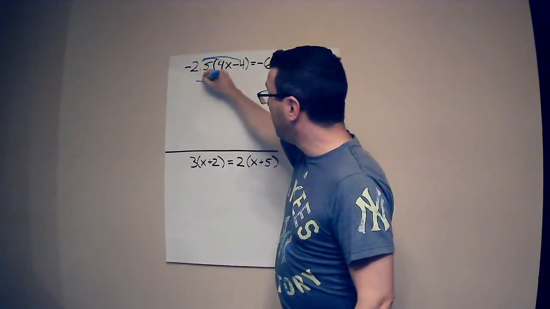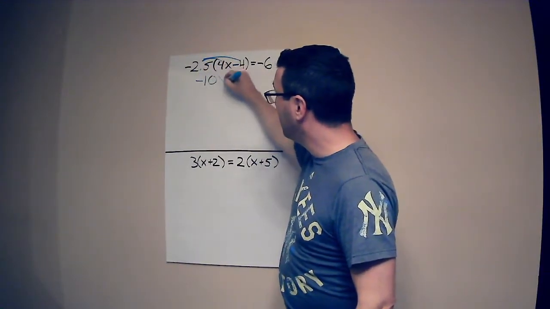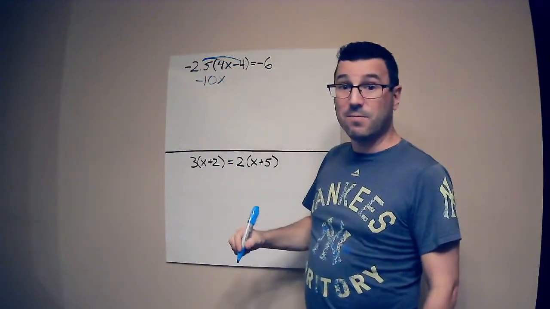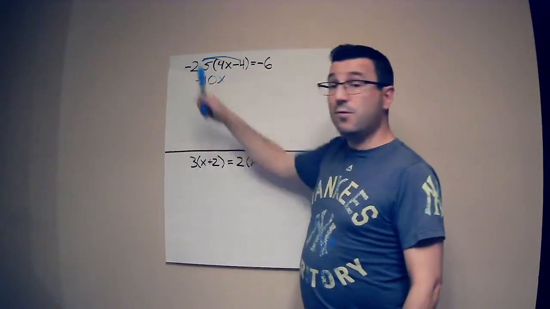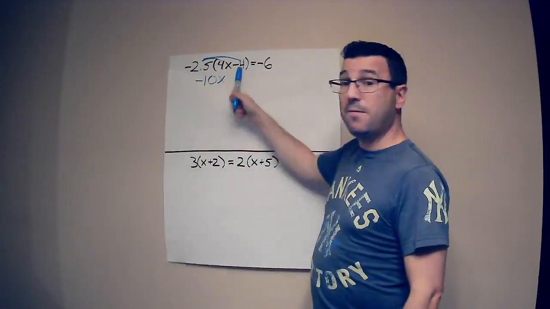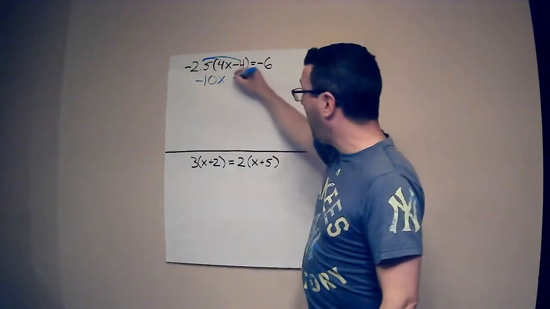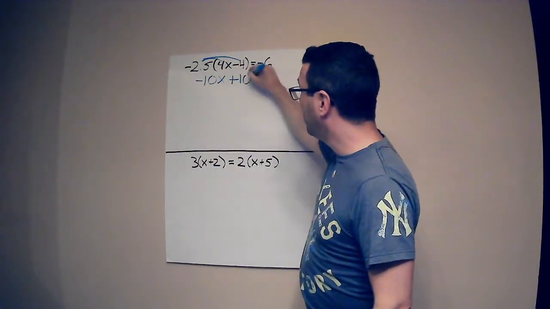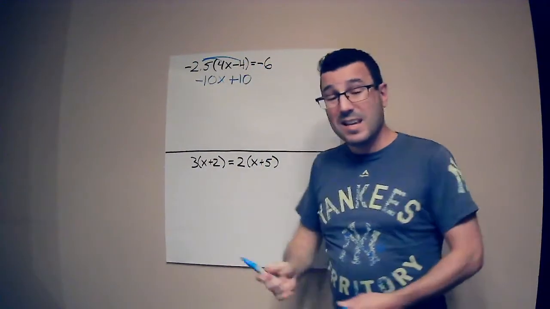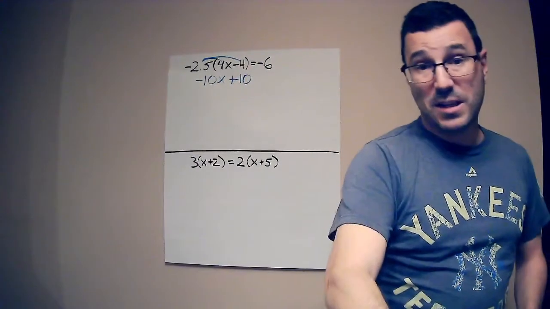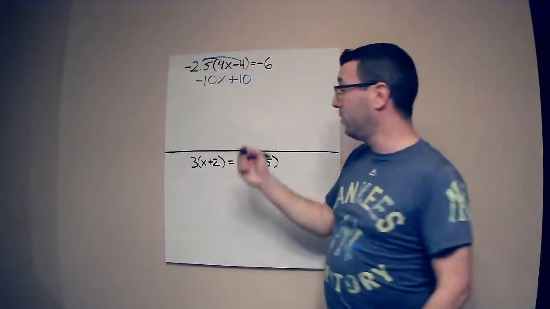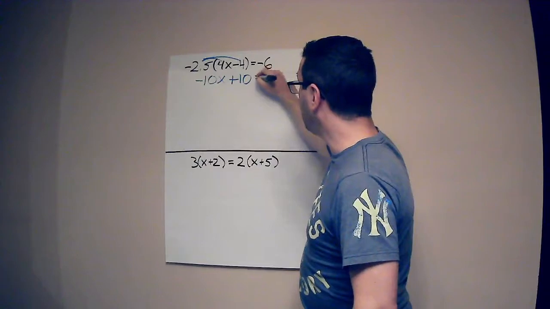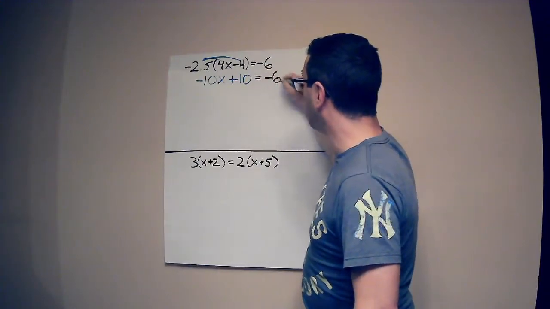That's going to come out to a negative 10x. Negative 2.5 times a negative 4, that's going to become a positive 10. Not multiplying the negative 6 by negative 2.5, so that's going to remain. Equals negative 6.